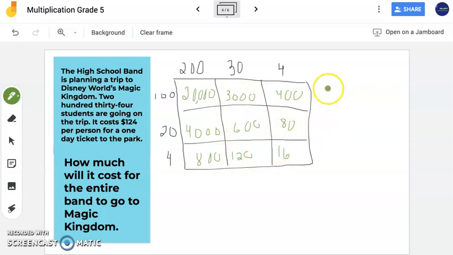Now what I'm going to do is try to organize these numbers from greatest to least and keep everything lined up. If you need to do this in more than one step, that's absolutely fine as well. So I first have 20,000. Then I have 4,000. And I have 3,000.